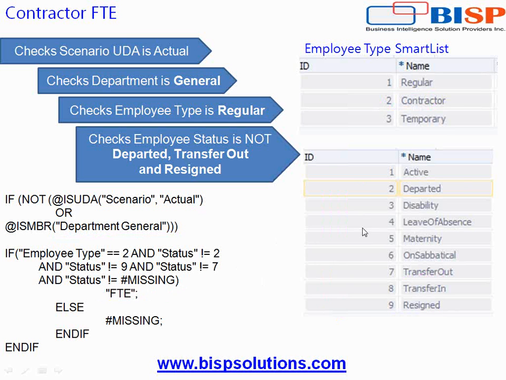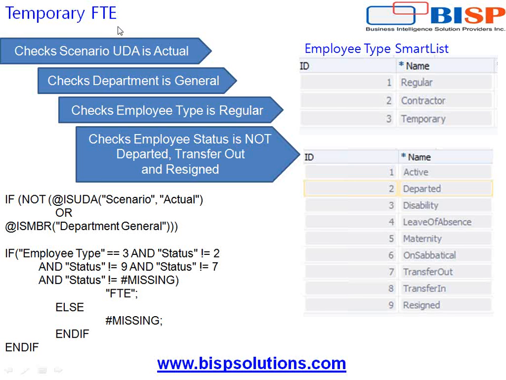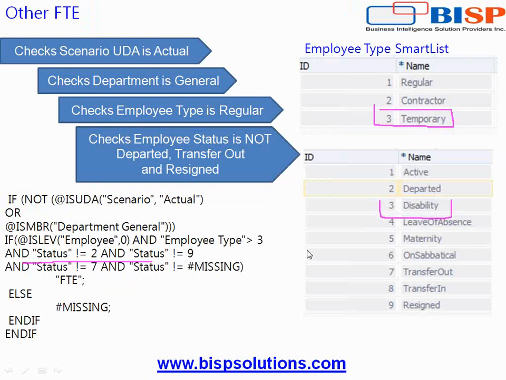In a similar fashion, we calculate temporary FT and other FT. Temporary FT calculation logic also remains the same, except the employee type changed to 3, temporary. And finally, the fourth category of employees, other FT.